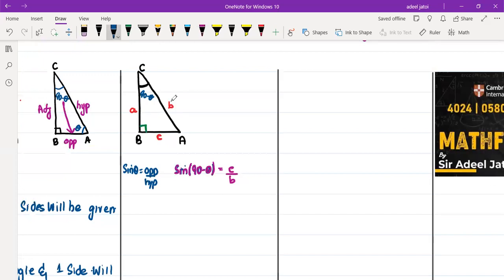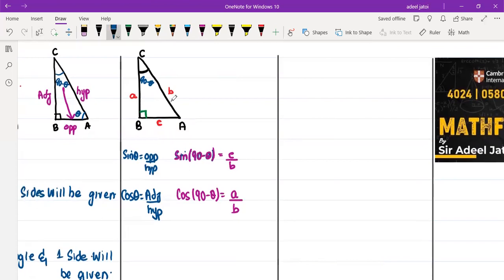Similarly, cos theta is equal to adjacent upon hypotenuse. So your cos 90 minus theta will be A upon B, because adjacent is A and B is the hypotenuse, which is always opposite to 90°.